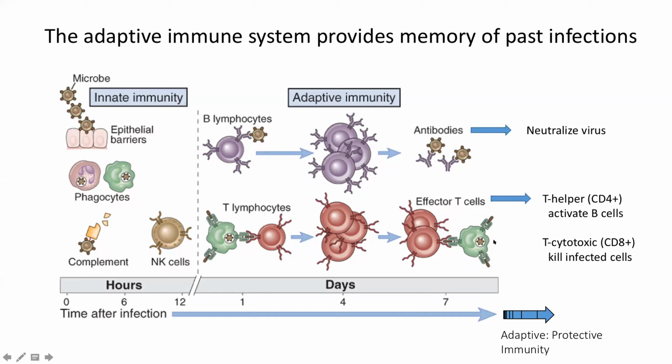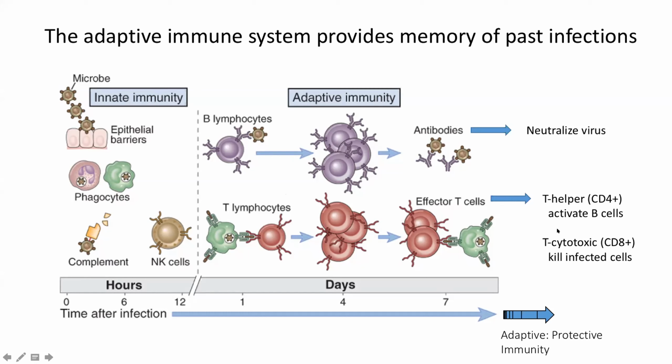There are two main types of T cells that we're interested in as far as vaccination. The first ones are helper T cells. We often call these CD4 positive T cells. Their role as helper cells is to help activate B cells, and so to stimulate antibody production from the B cells.